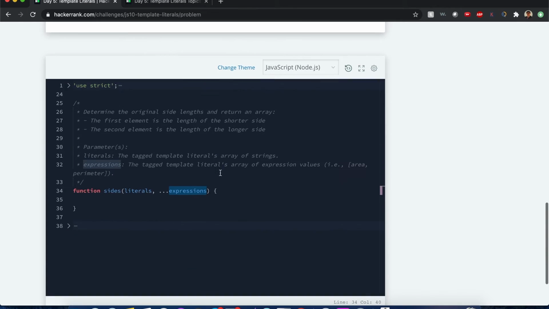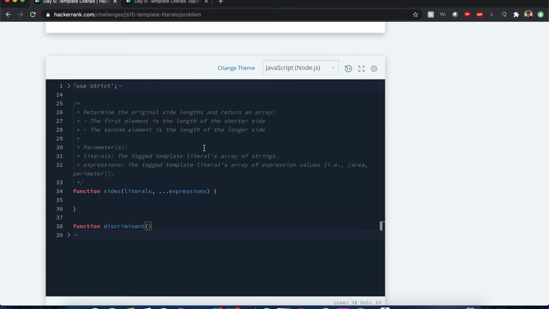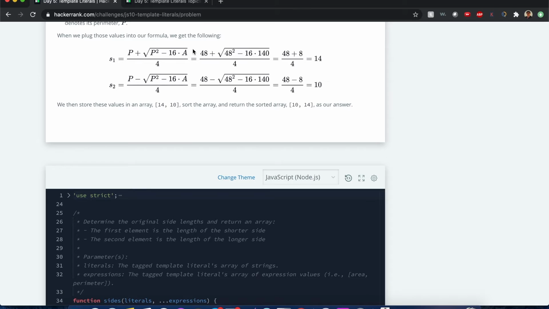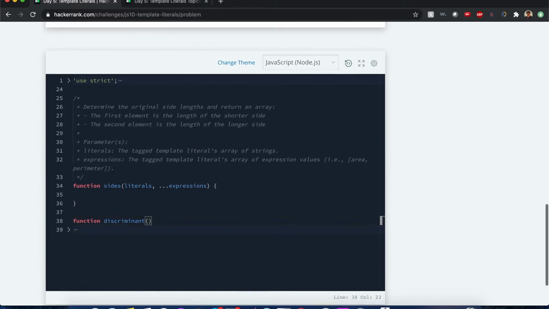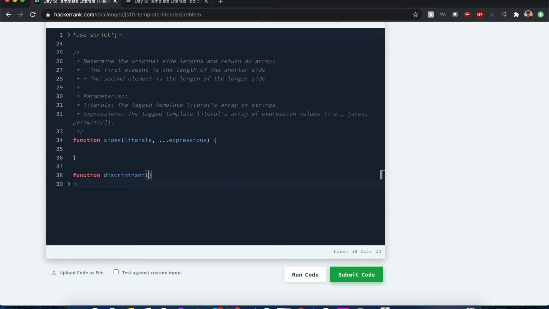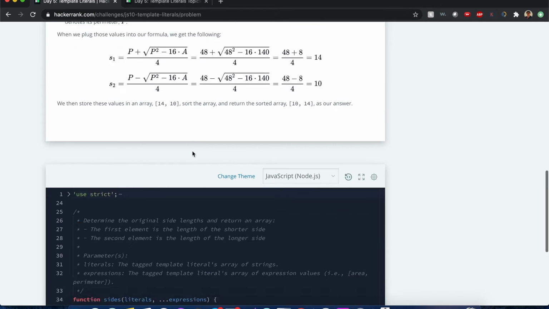So I'm going to define this right here below. Function discriminant. Discriminant means anything under that little square root symbol. We'll be given a perimeter and an area, and we want to return the Math.sqrt of p squared.